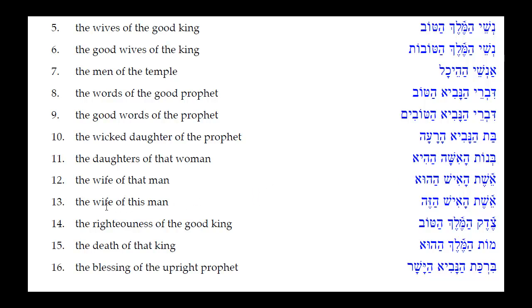Number 13, we have the wife of this man. So wife is the construct noun, man is the absolute noun. In this case, we're going to have a closer, a more definite demonstrative pronoun. That one is a more indefinite demonstrative pronoun. This is a definite one, so this gives you more specificity of which man it is.